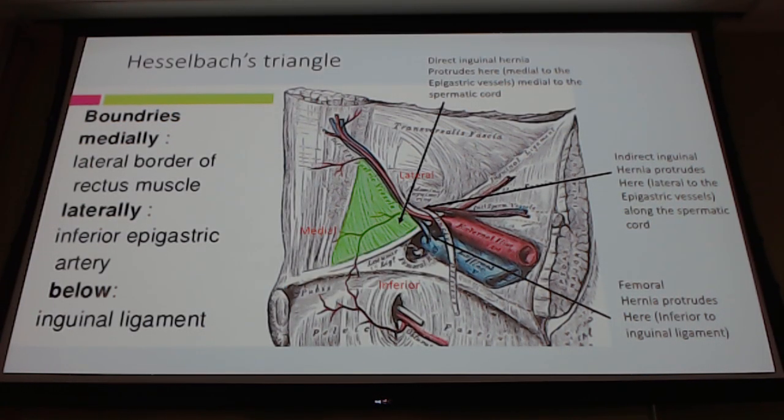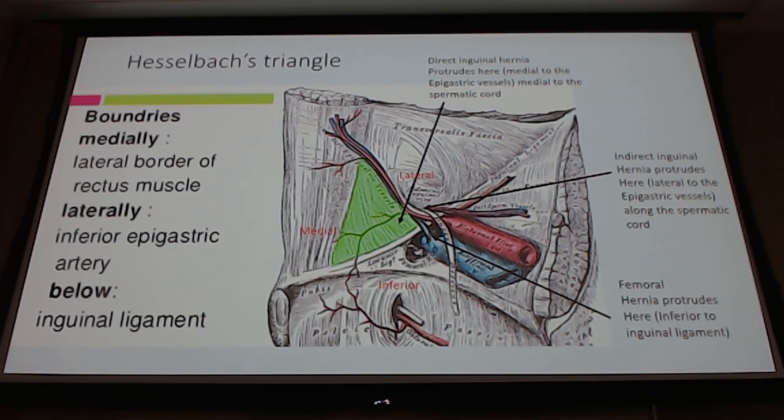Okay? So you have your inferior epigastric vessels. That makes up the lateral wall. Your medial wall is the lateral border of your rectus muscle.